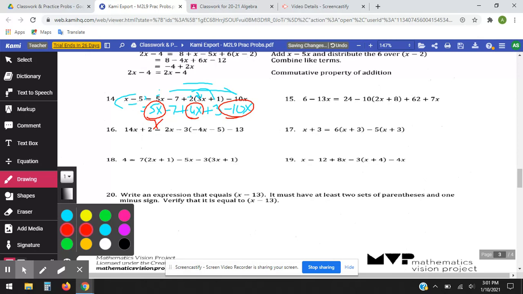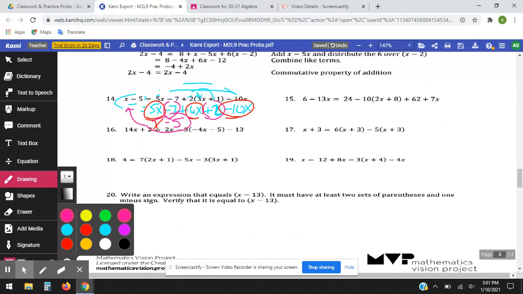And then I'm going to take all of my numbers. -7 plus 3 would be a, oh, not 3, it's a 2. That would be a 2. 2 times 1 is 2. So -7 plus 2 is -5. Notice this number matches this number. So that's what you're doing on these.